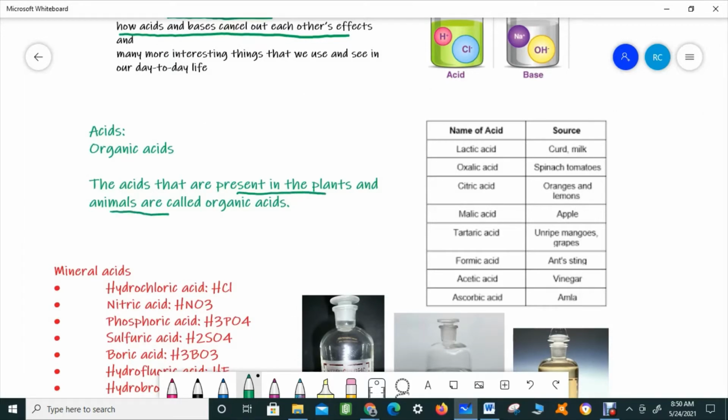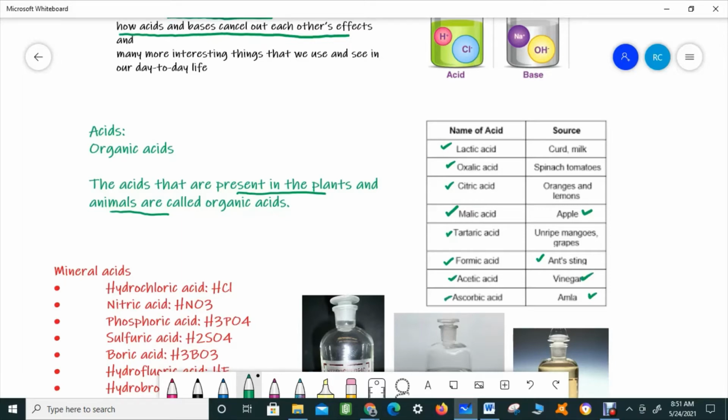And the names are lactic acid, which is obtained from curd, then oxalic acid, present in spinach and tomatoes, citric acid, whose source is oranges and lemons, then malic acid present in apple, tartaric acid in grapes and unripe mangoes, formic acid comes from ant sting, acetic acid from vinegar and ascorbic acid from amla.